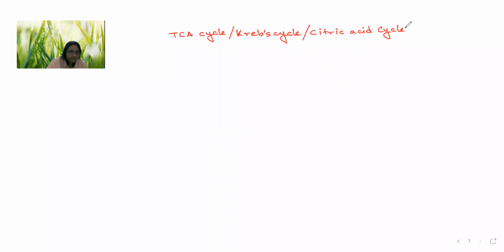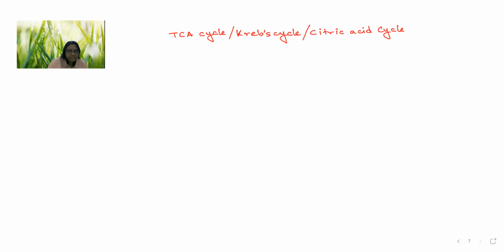He was first able to talk about this cycle and elucidated it in the flight muscle of pigeon. So that's why it is named after him, the Krebs cycle. Citric acid cycle it is called because in this cycle the first stable product is citric acid.